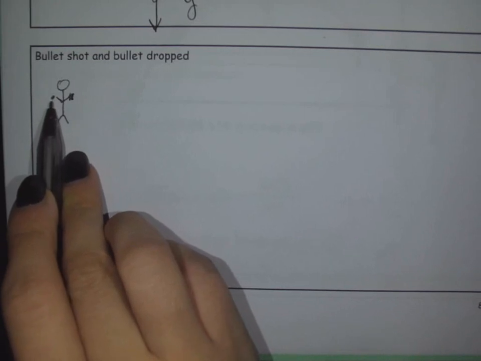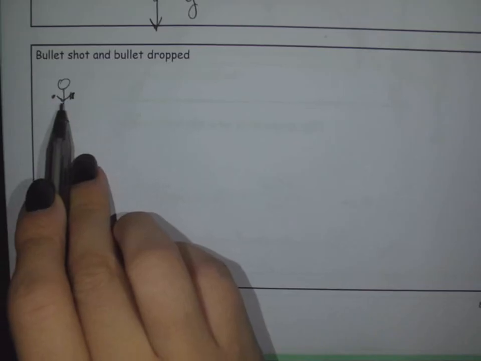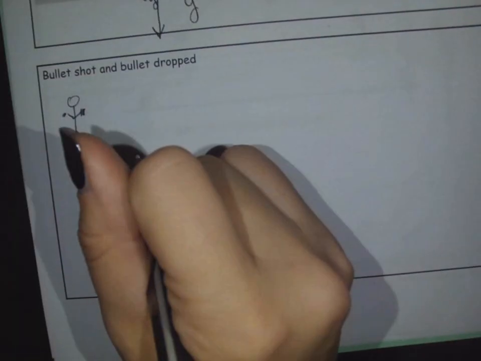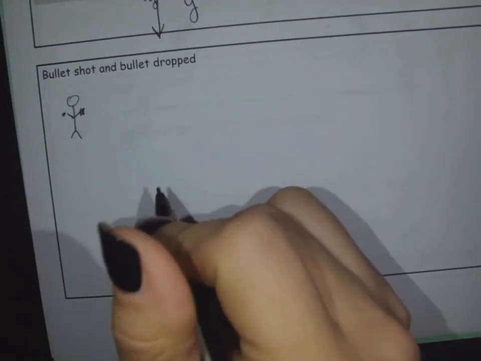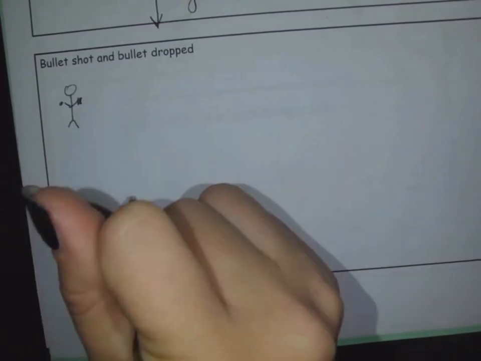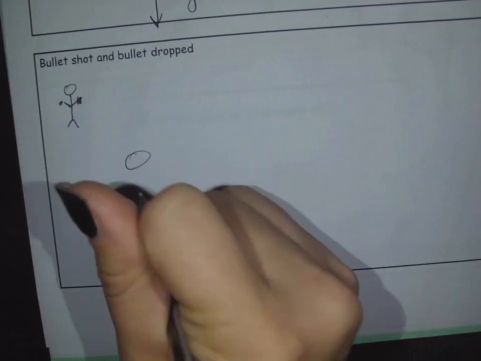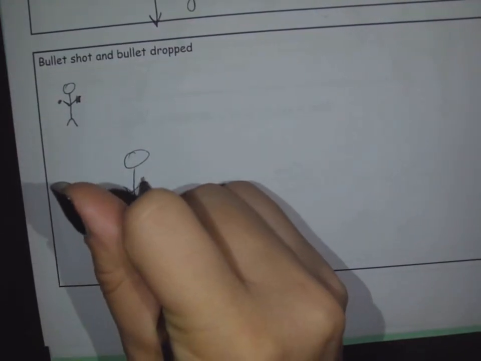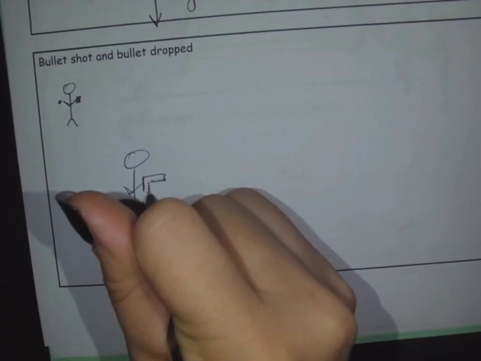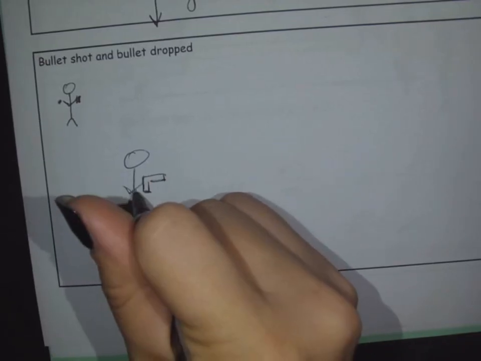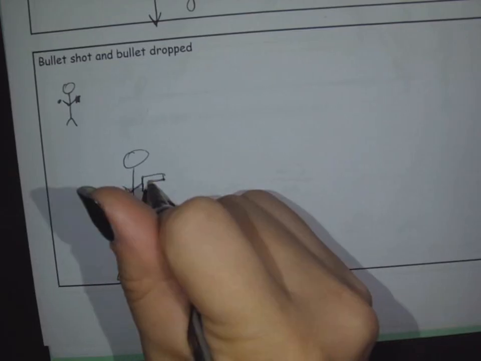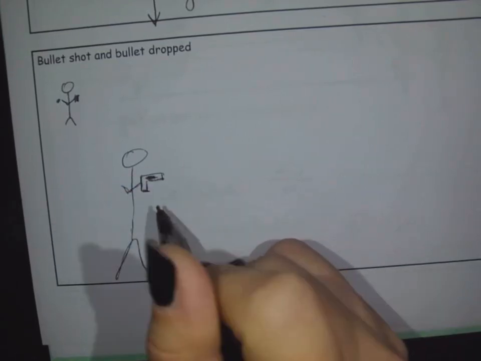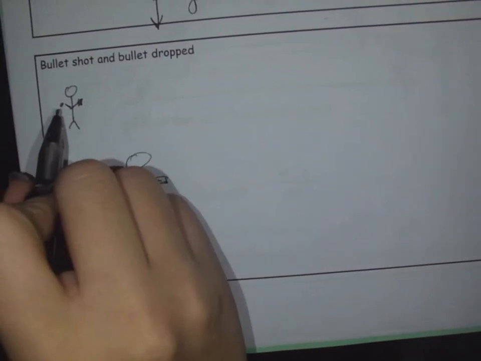And so the idea is, what if, now I'm going to change the view, okay? So now I'm going to look at the side profile. So we have our person, okay, so they are going to fire the bullet at the same time as they drop a bullet.